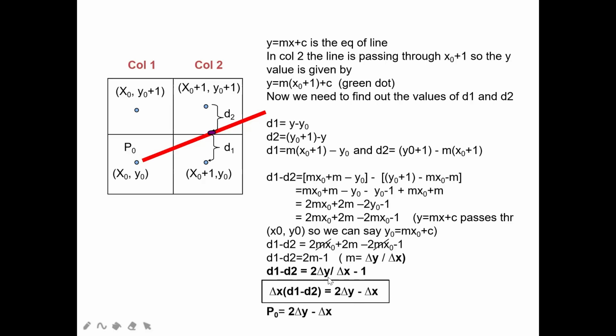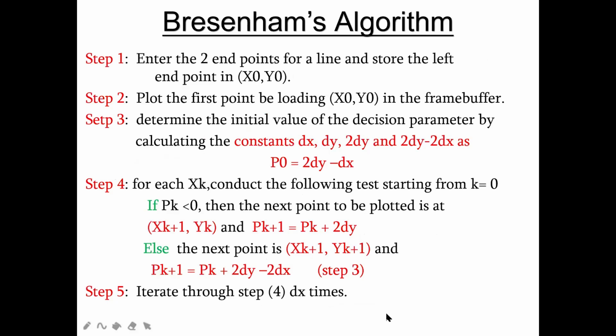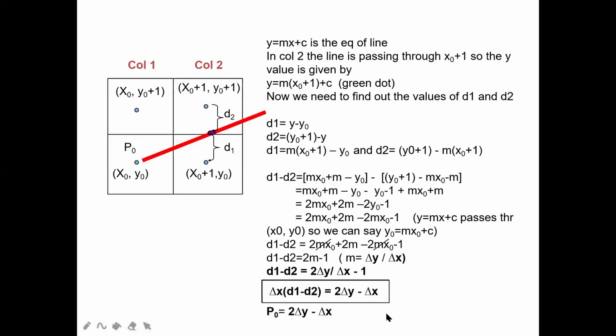Out of this you got your p0 value, because this is equal to your p0. So the p0 value is 2 del y minus del x. In the previous slide also you got 2 dy minus dx. So this is the explanation of your Bresenham's line algorithm, how it works.